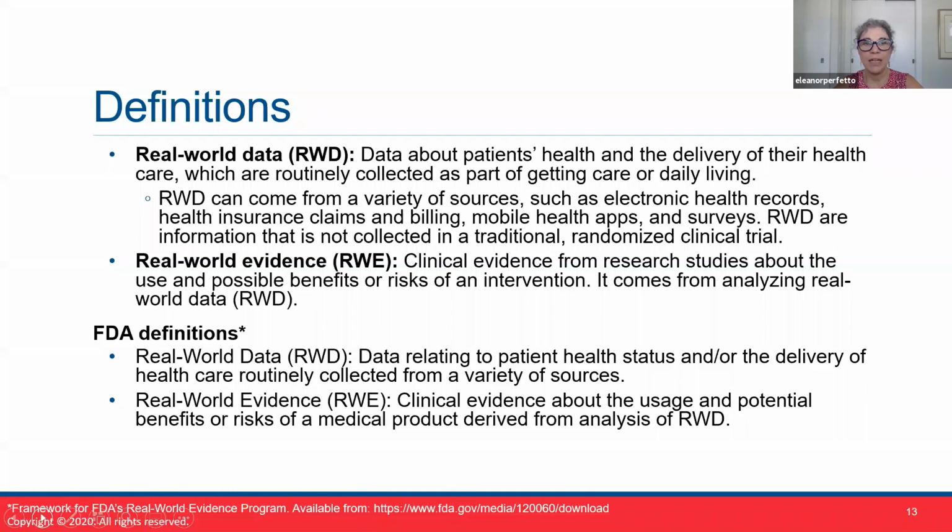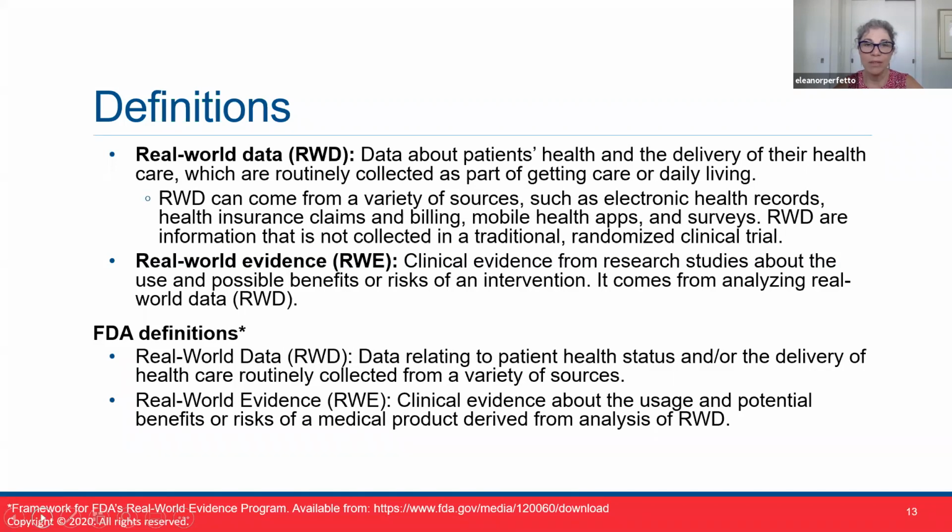RWD excludes information that would be collected in a traditional randomized clinical trial. So if it's trial data in a very traditional format, with traditional methodology, that would not be considered RWD. RWD comes from data that gets collected in the real world, as part of providing care or daily living.